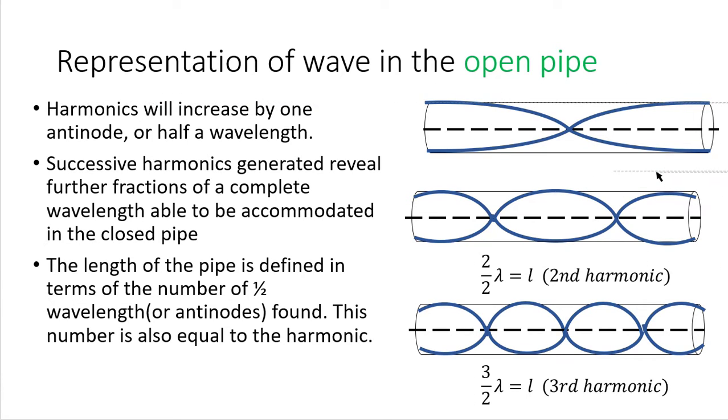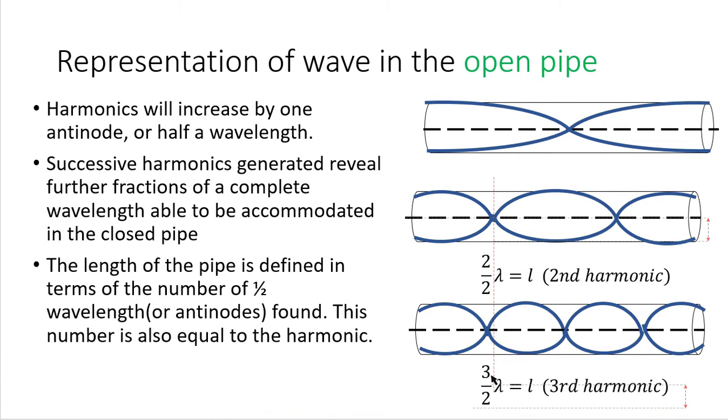So we have our first fundamental harmonic, where we have one half a wavelength or one antinode. We have our second harmonic, where we have one complete half wavelength there, and then your second one, which is comprised of two halves that occur at the ends.